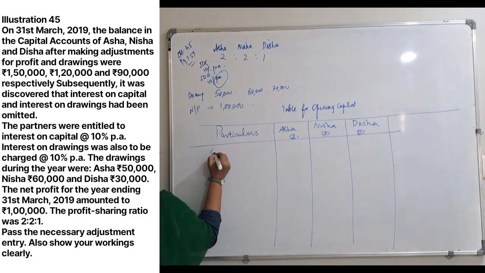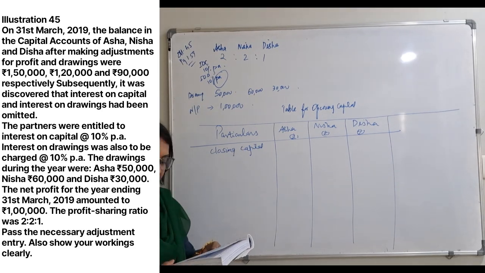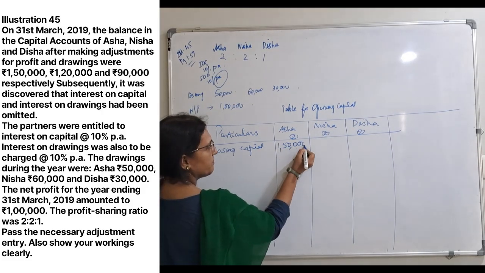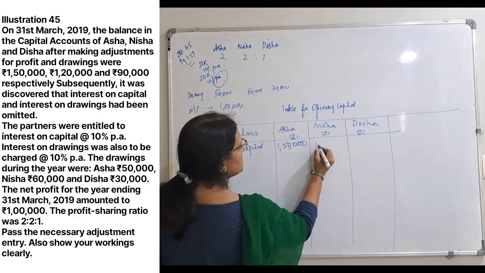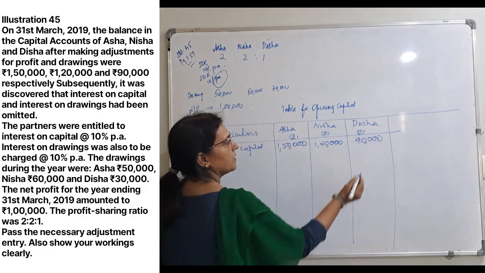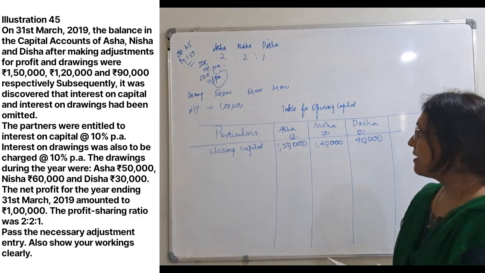Closing capital. How much is the closing capital? It is 1,50,000, 1,20,000 and 90,000. So to this we are going to add the drawings.